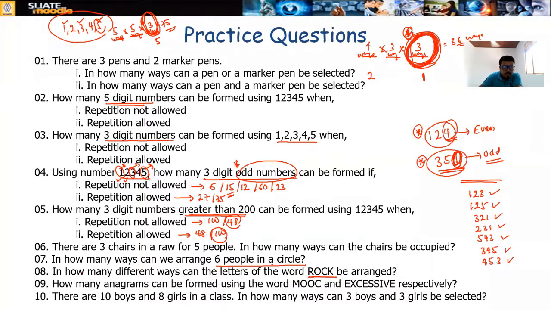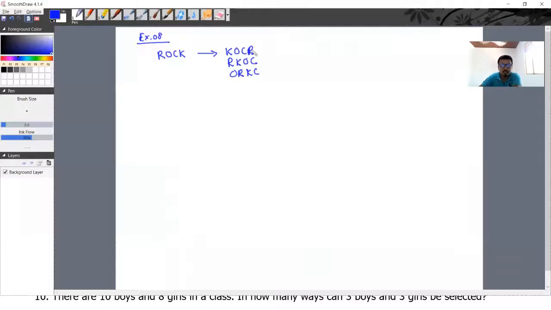Right. In how many different ways can the letters of the word be arranged? So these are the possible options. Here we have found 1 way, 2 ways, 3 ways. Likewise, by changing the places of these letters, we can rearrange this word.